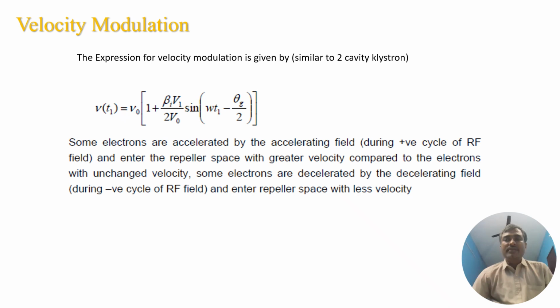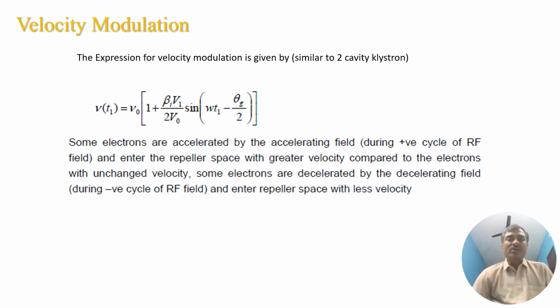Due to the existence of RF noise voltage in the cavity gap, the velocity of the electron is modulated. So three different scenarios take place. One is that the electron which occurs during the positive half cycle of the RF voltage is accelerated, so it travels deeper into the repeller space. The electron which occurs during the negative half cycle of the RF voltage is decelerated, so it travels with slower velocity and penetrates less space inside the repeller space.